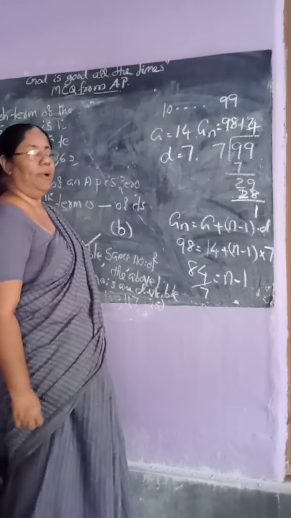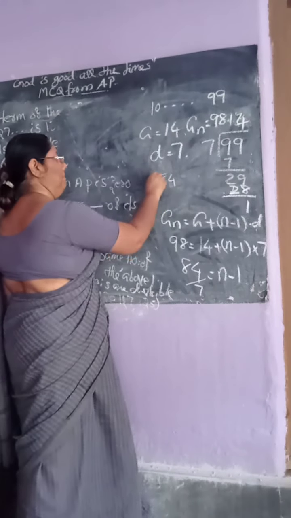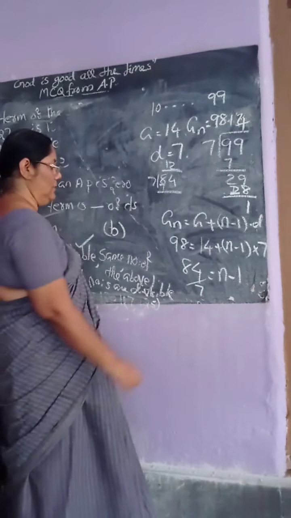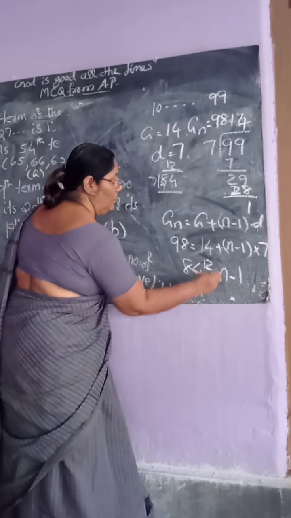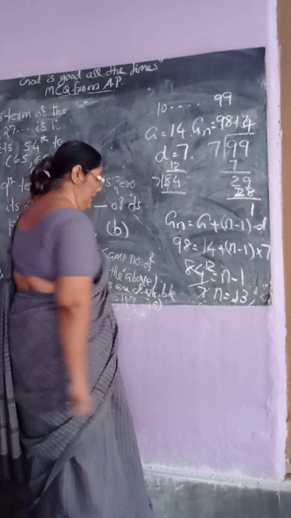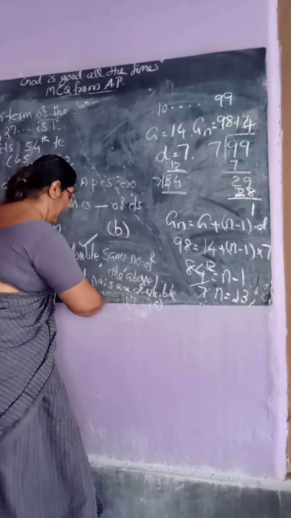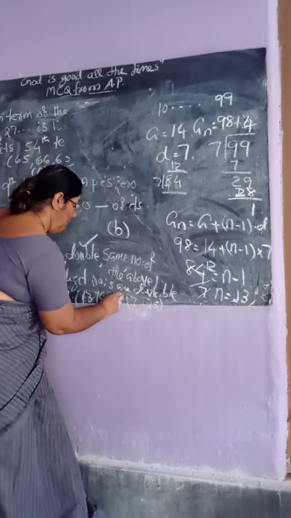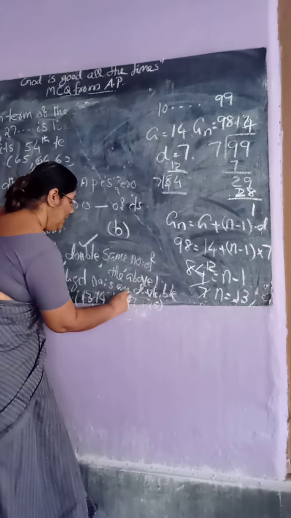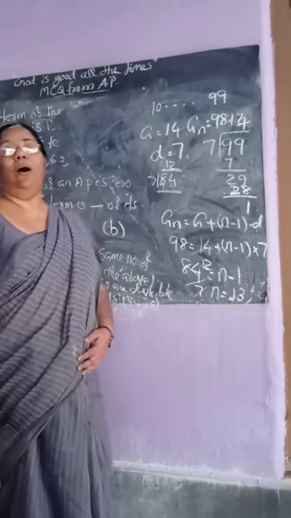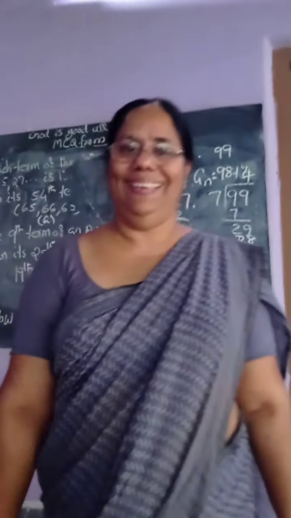What is 84 by 7? 12 sevens are 84. Therefore, N is equal to 12 plus 1, 13. The options are 13, 14, 15, none of the above. Here the correct answer is option A.